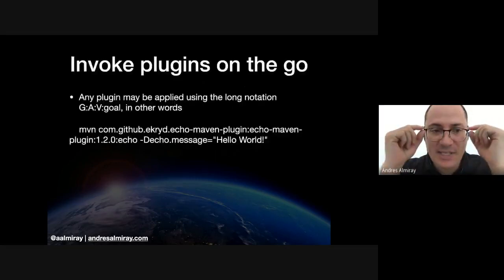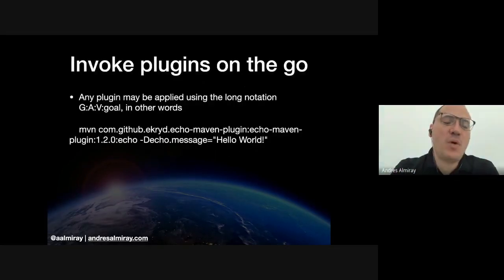So here's, for example, if you would like to invoke the echo plugin in any project, this is what you need to do. Define the group ID, artifact ID, version for that plugin, the goal, in this case echo, and define any parameters. Now that we know that we can override values for any property using the -D flag, then this will be easy. So let's look at a demo of this one.